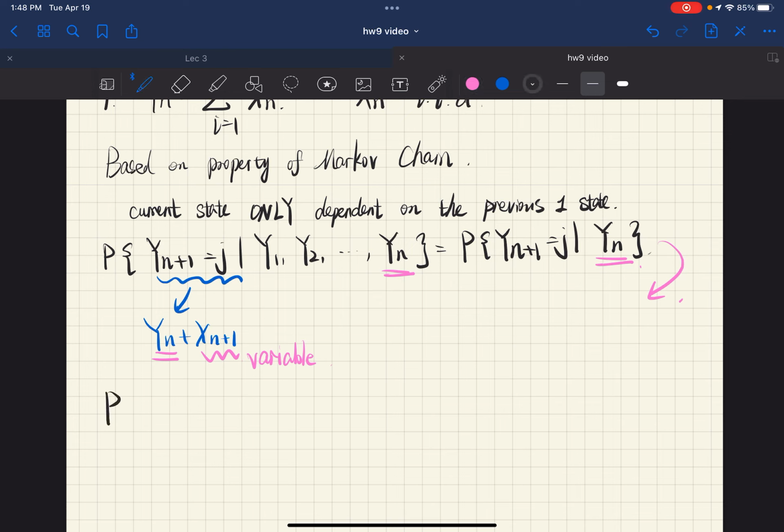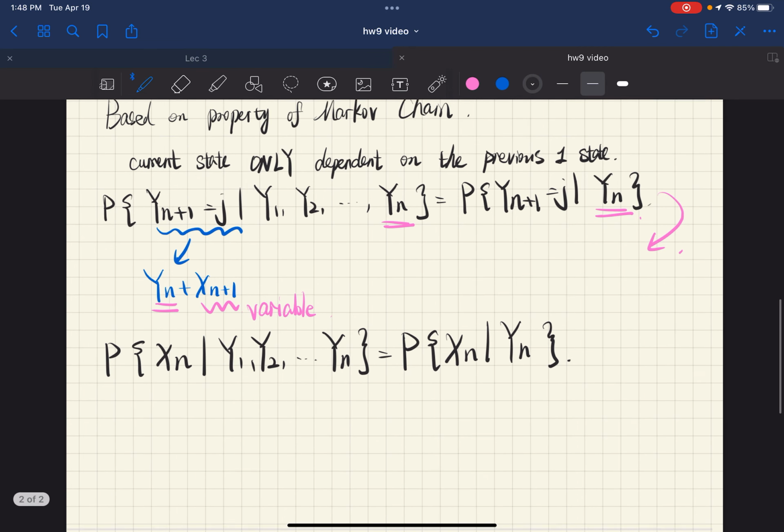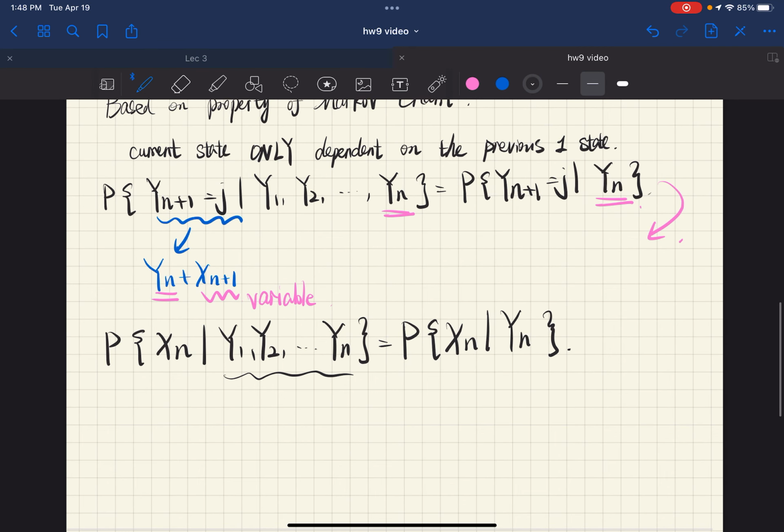the probability of Xn under the condition that y1, y2, ..., yn is equal to the probability of Xn under the condition of Yn, because Xn is independent of all those terms here.